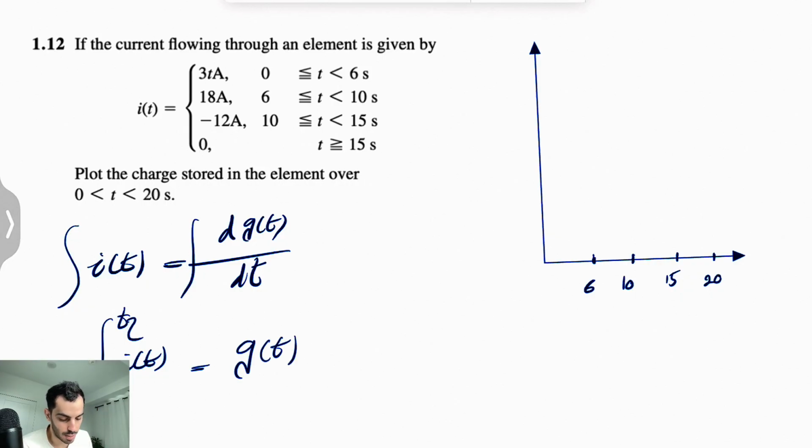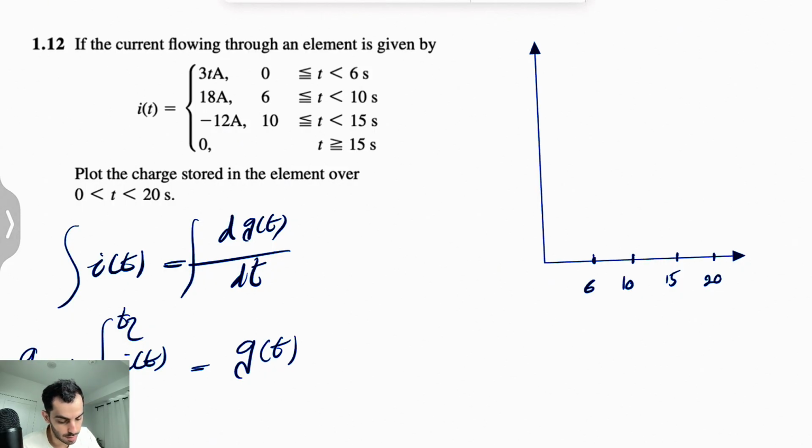We need to keep in mind that we need to add a constant in here too, which we can call q0. Based on this, we just need to go through each of these intervals and we should be able to find all of them.